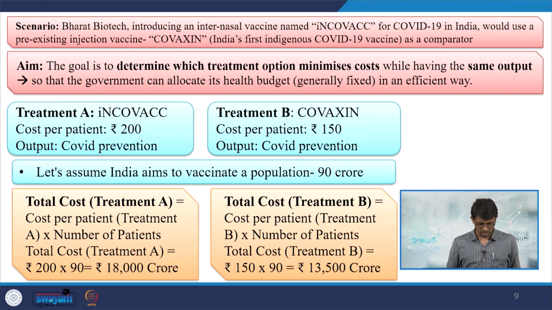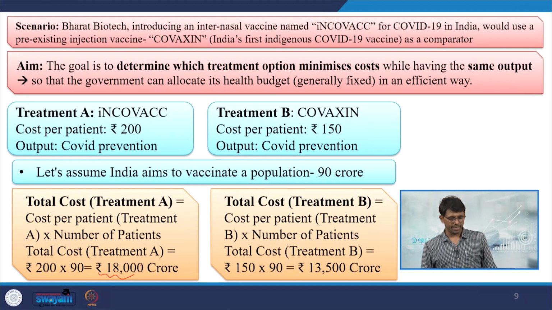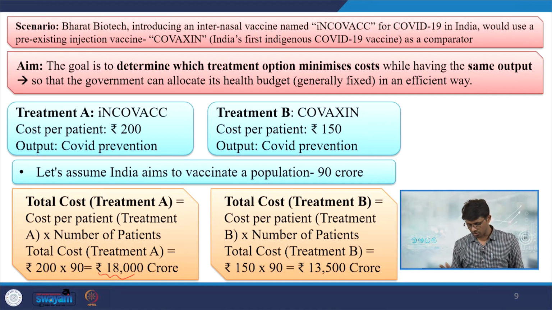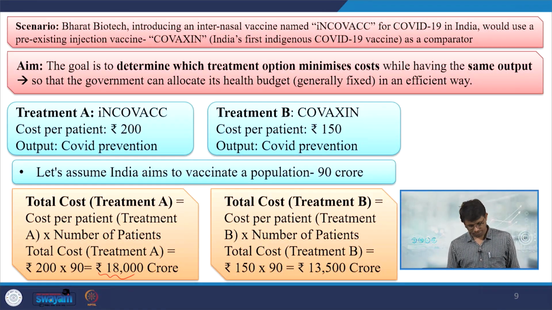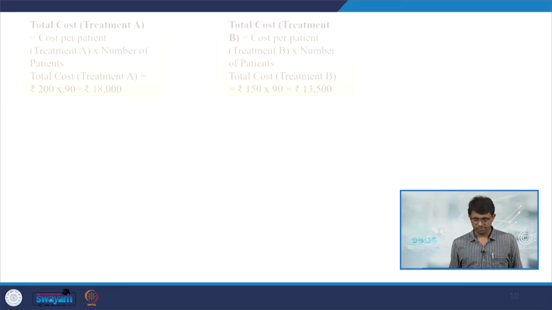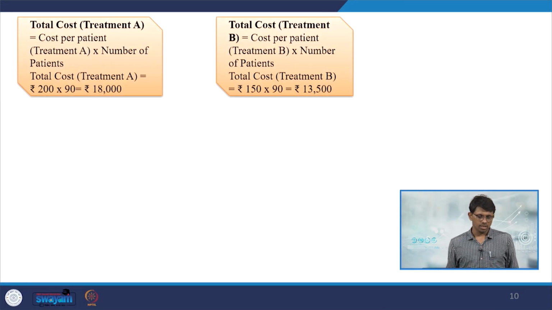So 18,000 crore is for treatment A, whereas for treatment B it will be 150 times 90, so rupees 13,500 crore. We can see from this example that the total cost of treatment A is higher, but we will check.